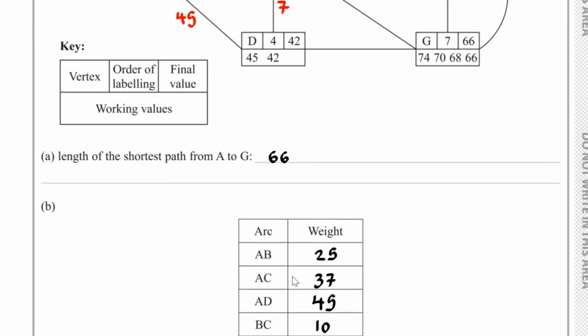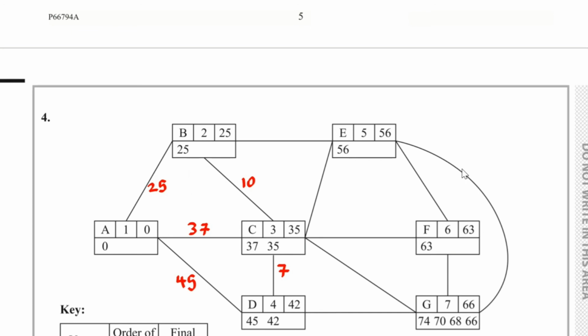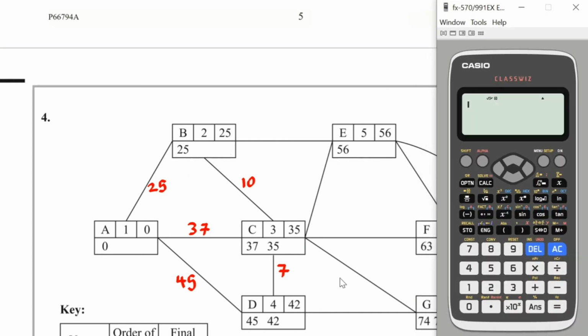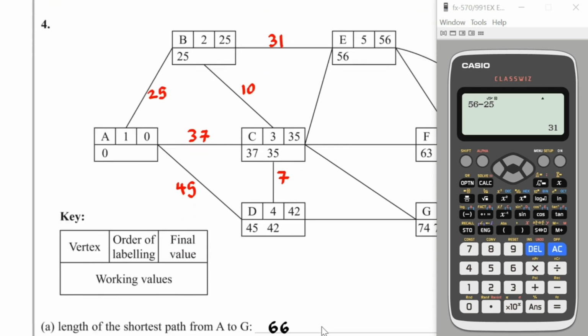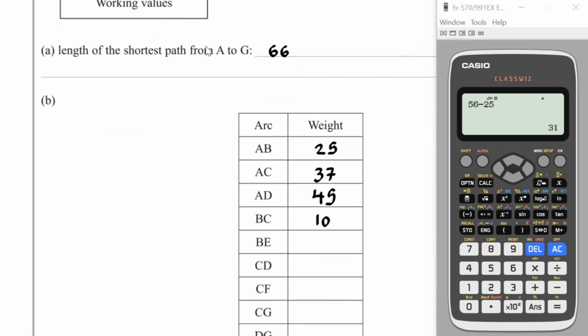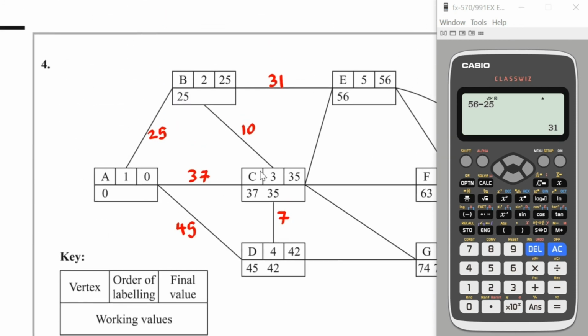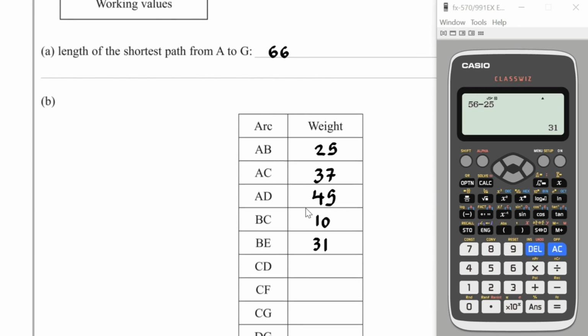Then BE, going from B to E, well, we're at 25, we want to get to 56. So 56 take away 25, that's 31, so that means 31 must have gone here. So let's add on 31. CD, so starting at C, going to D, well, we discussed that was 7.